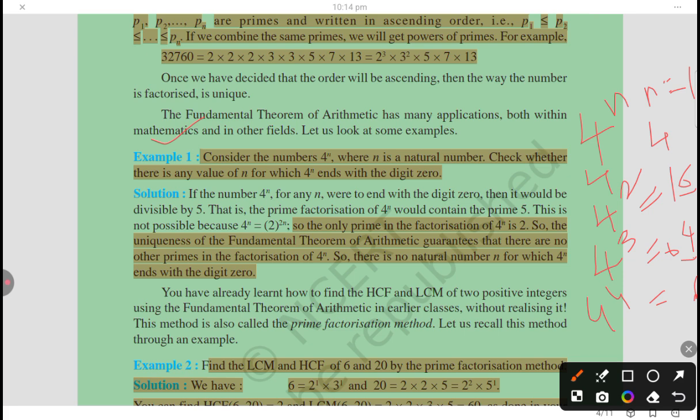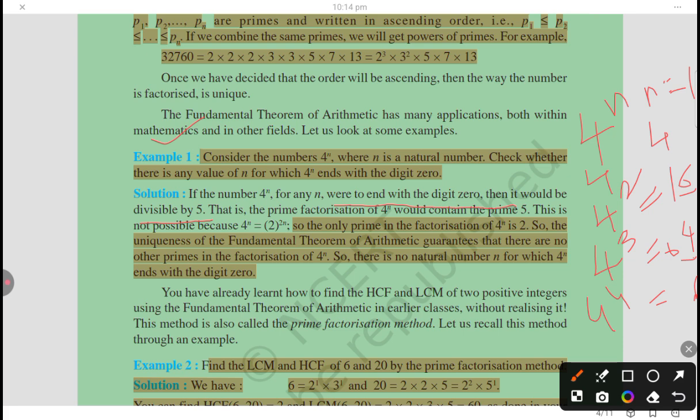So from this what you can say is, if 4 power n for any value of n ends with the digit 0, then it would be divisible by 5. So the prime factorization of 4 power n would contain the prime number 5.